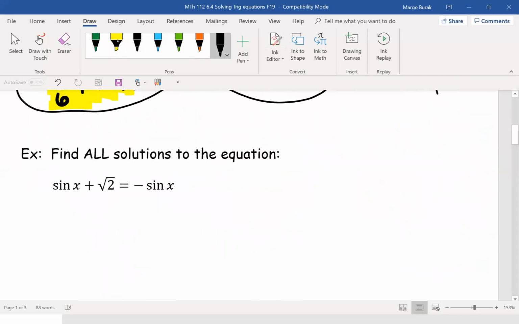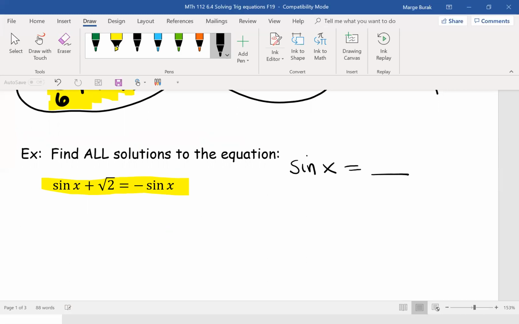Okay, and here's another example. Let's find all the solutions to this equation. Now, instead of graphing it, let's just use complete algebra. So if we had sine of x plus radical 2 equals negative sine of x, my unknown is actually sine of x. So I want to isolate sine of x to get my answer.